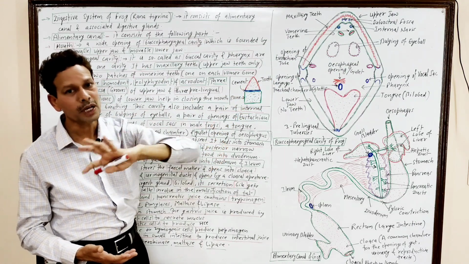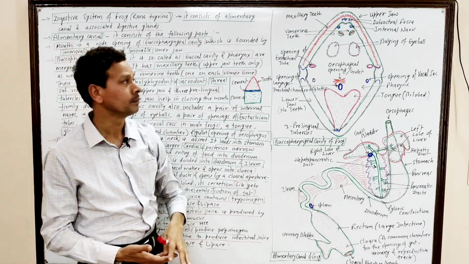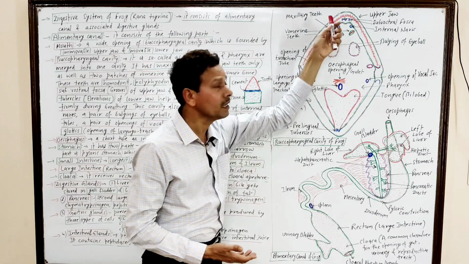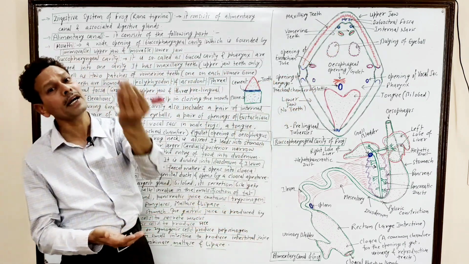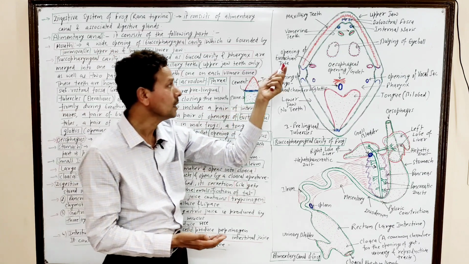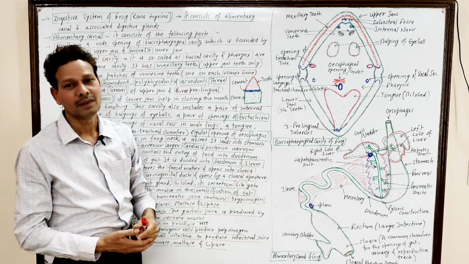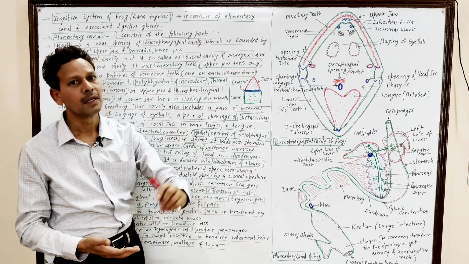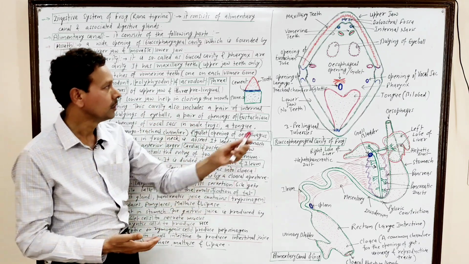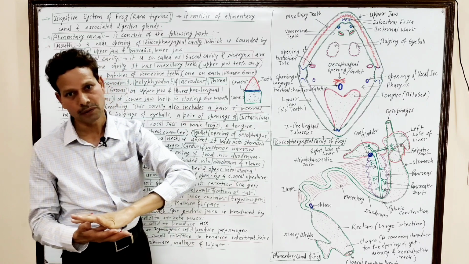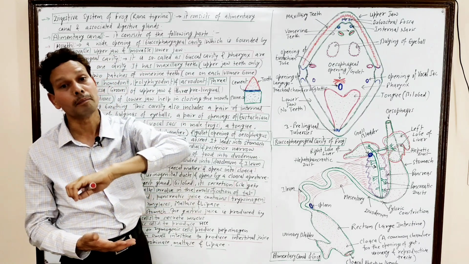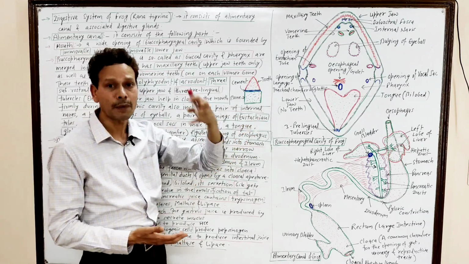Dear students, in this upper jaw or maxilla there is a row of identical teeth which are homodont, similar in structure. These teeth are conical, projecting inwardly. These are polyphyodont, which develop in many sets several times.